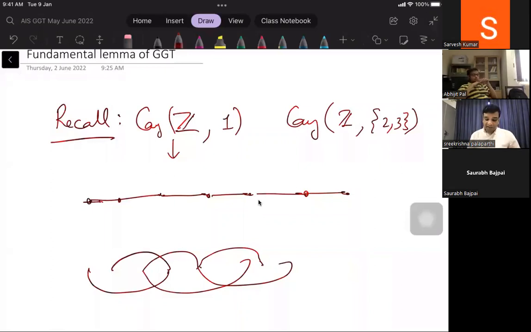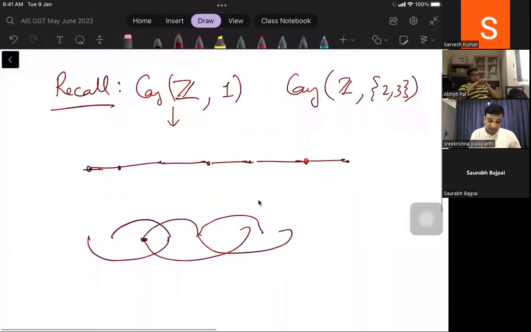So now immediately we cannot declare the path metric to be the metric and get isometries between these two Cayley graphs. For example, 0 is connected to 2, and then like that, and then 0 is not directly connected to 1.